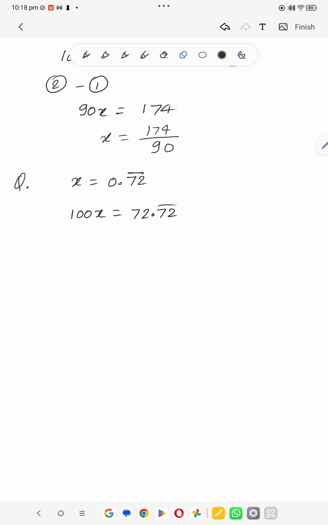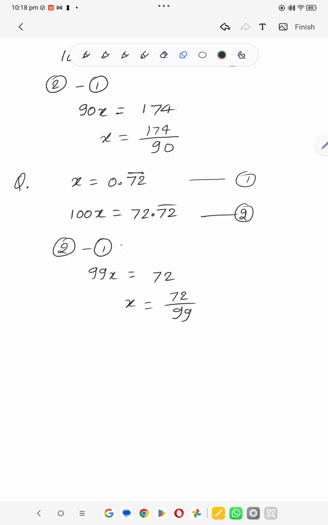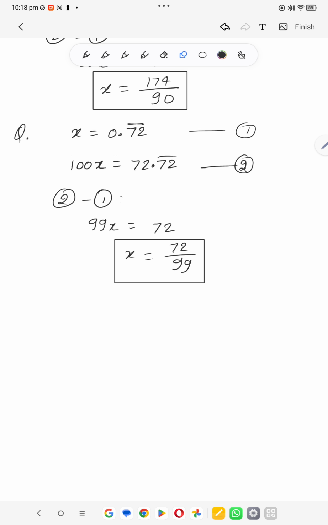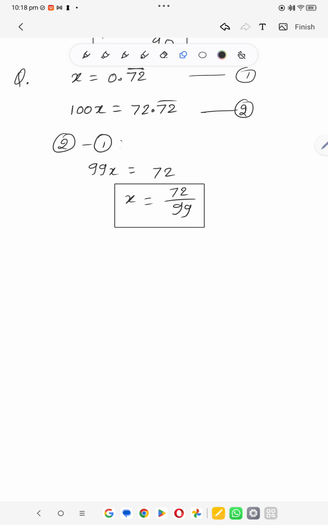Now subtracting 2 minus 1, we will have 99x equals 72, x equals 72 by 99. So I think up to here there will be no problem.